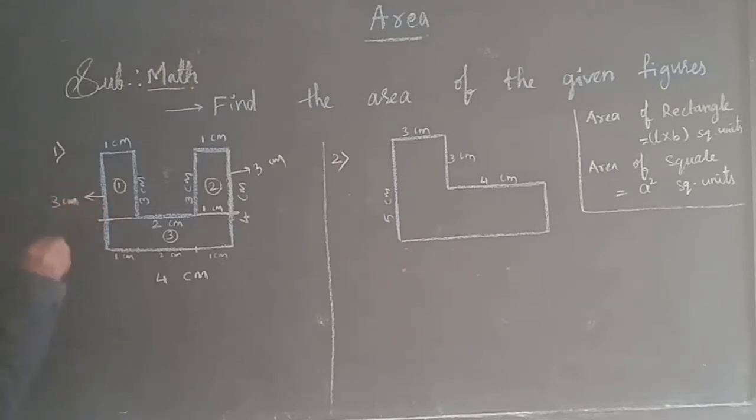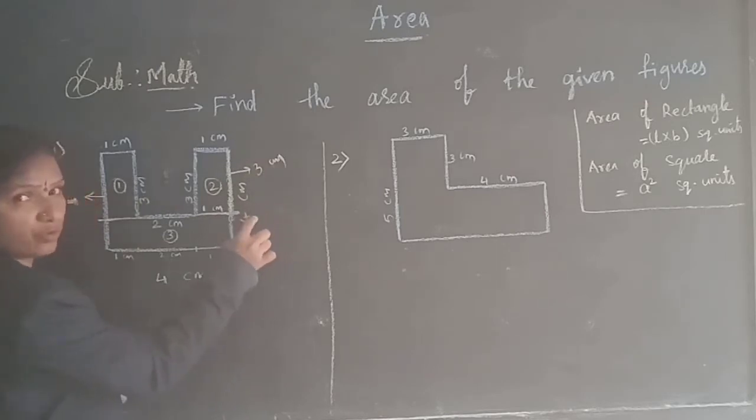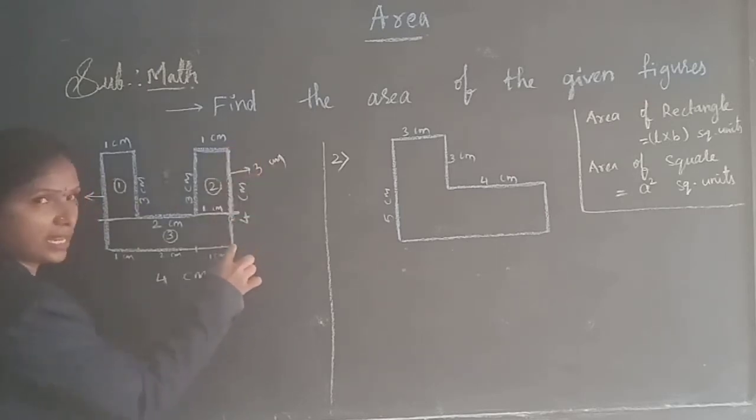Now this side, from here to here, I took 4 centimeters, and here to here 3. See, children, the total length has already been given as 4 centimeters, this total line segment length.